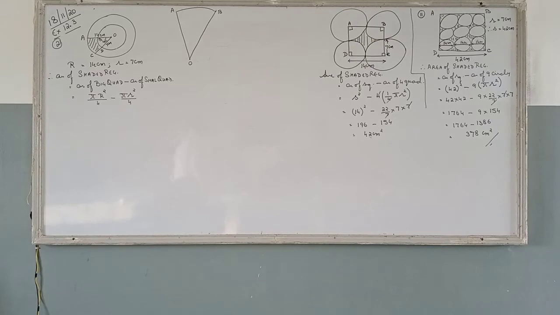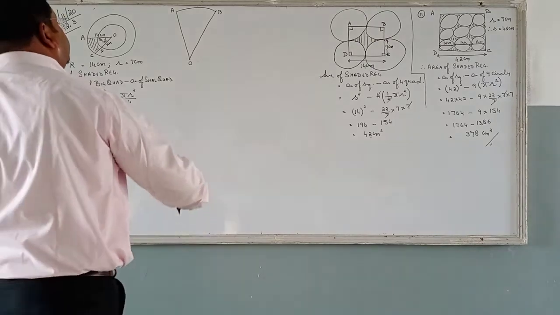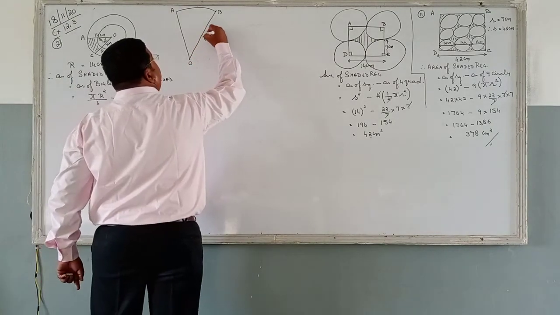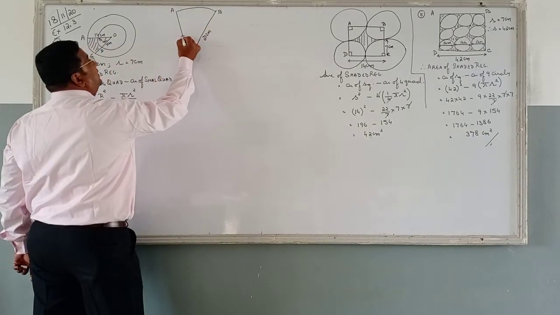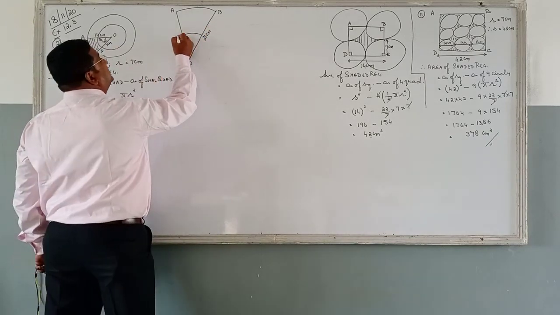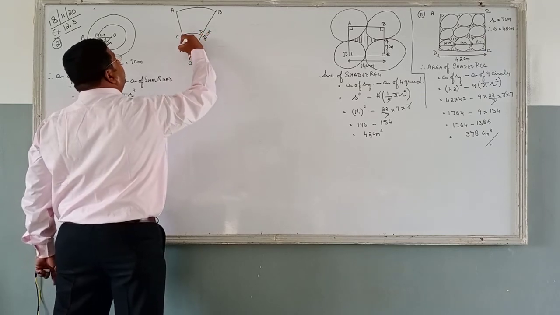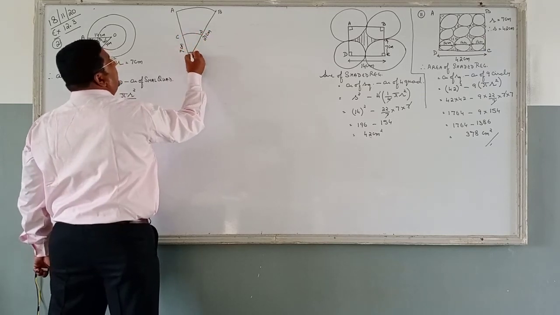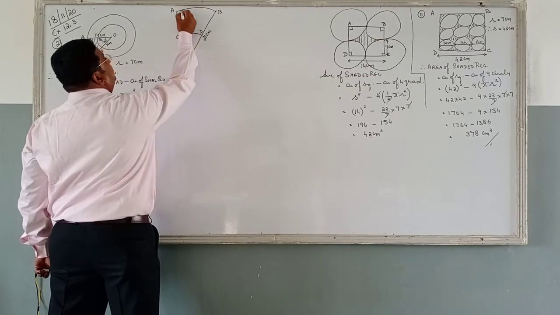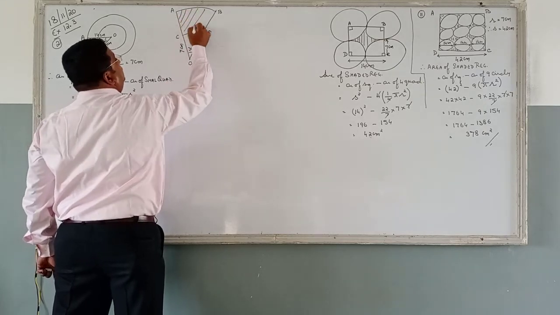The radius is 21 centimeter, and this is another one. This is C and this is D, and the radius is 7 centimeter. And this angle is 30 degree. This is the shaded region he is telling us to find.